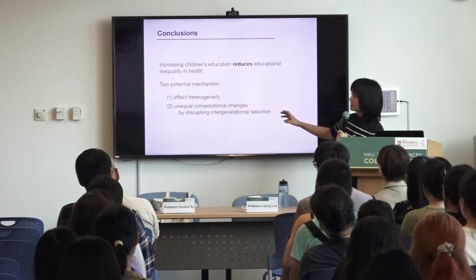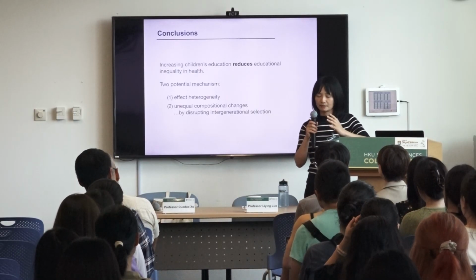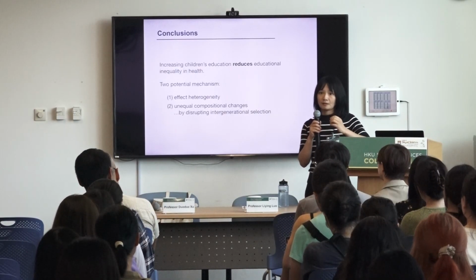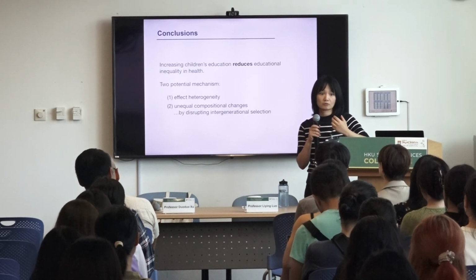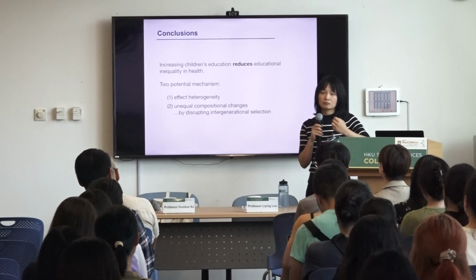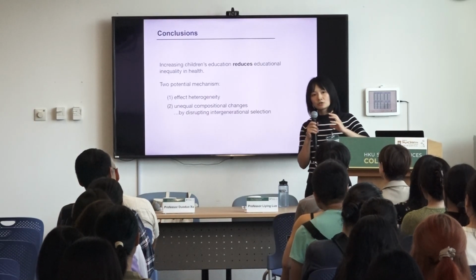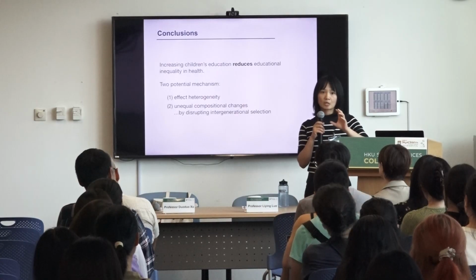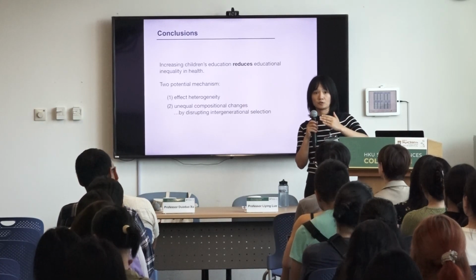The second potential mechanism is an intergenerational process called intergenerational transmission of education advantage or disadvantage. This sociological notion refers to an intergenerational process in which children born to highly educated parents are more likely to obtain higher levels of education.